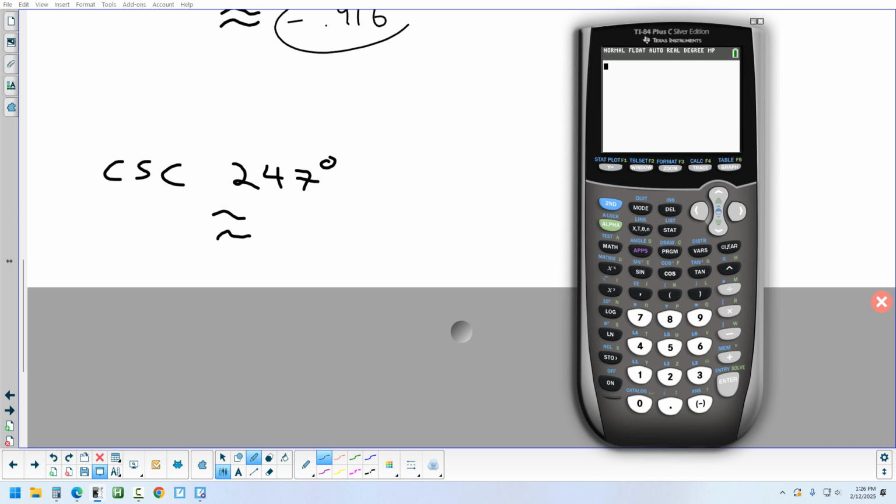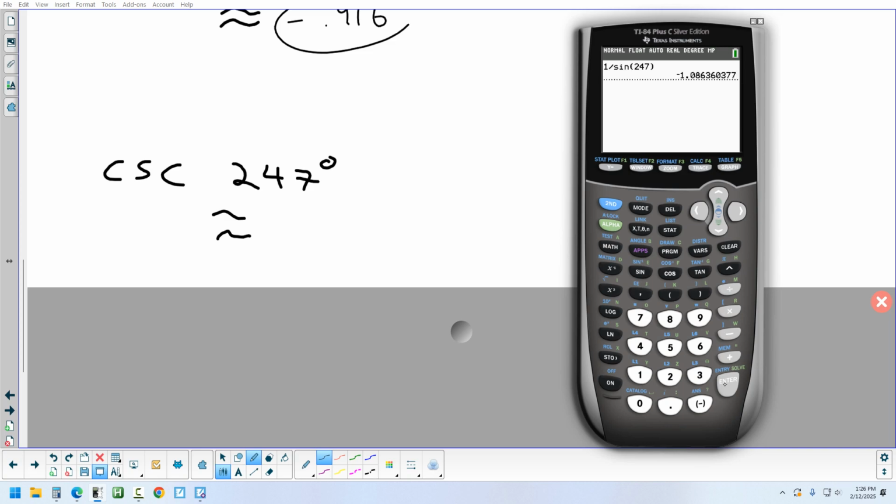Well, how have we been doing cosecant all week? Don't you square one of them? No, we haven't done any squaring, but how have we been getting the cosecant normally? Flipping the sign. That's exactly what you have to do here. So do 1 divided by the sine of 247. That's how you do the cosecant. Take the sine and flip it.